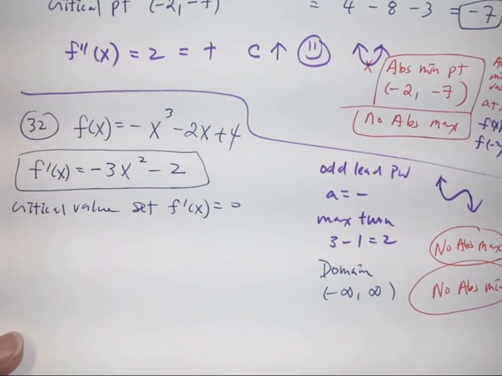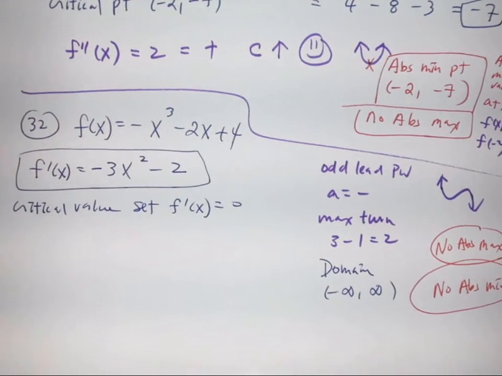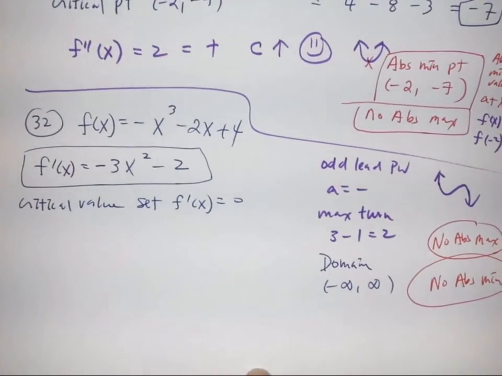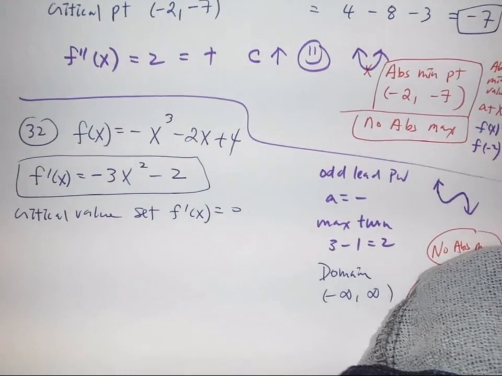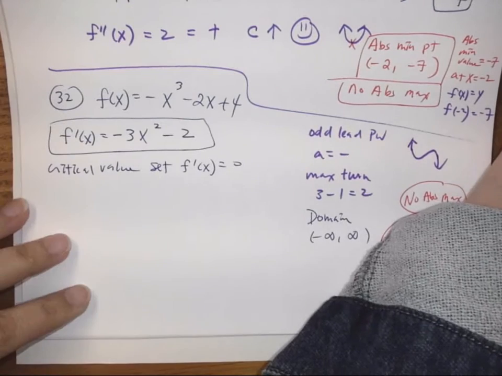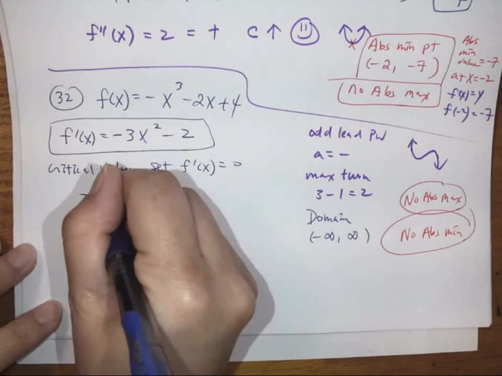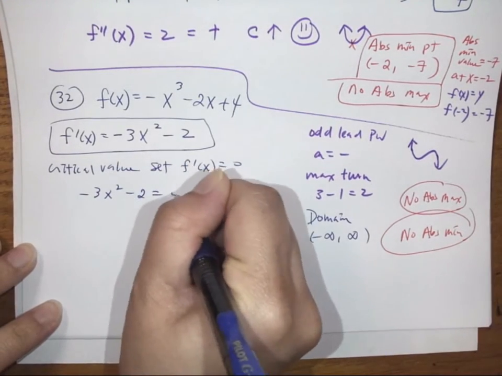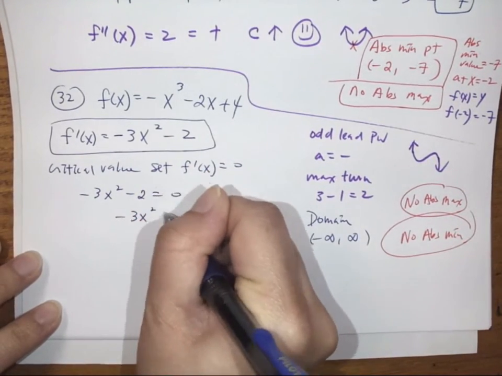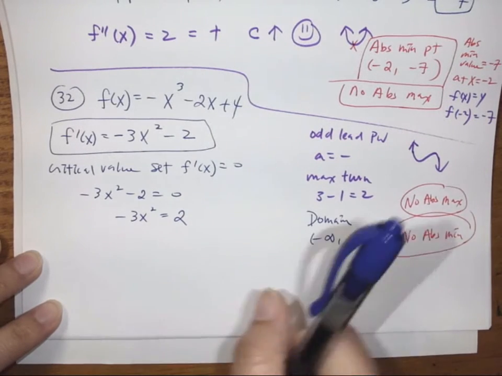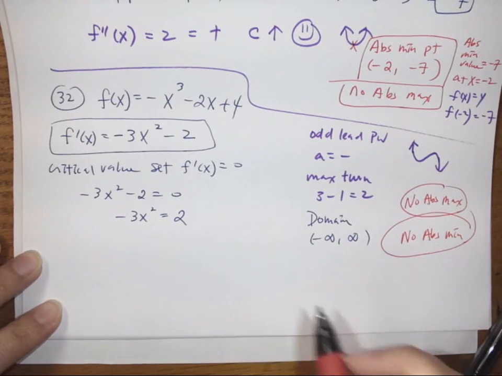I'm sorry about that, it's kind of too close, I think. Okay, maybe better. All right, so let's see. Set that equal to 0: -3x squared minus 2 equal to 0, -3x squared equal to 2. Divide both sides by -3.